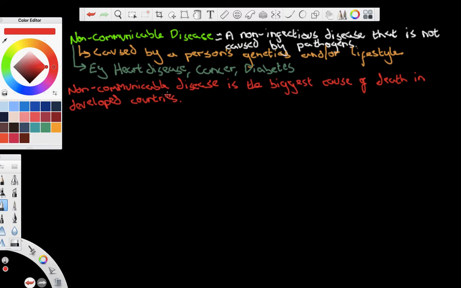Now, exactly like the banana in our starter, the banana is an example of a risk factor. Having a banana on the floor doesn't mean I will 100% fall over. It increases my chance of falling over. And non-communicable diseases such as heart disease, such as diabetes, such as cancer, have certain risk factors attached to them. So our next keyword is the word risk factor.